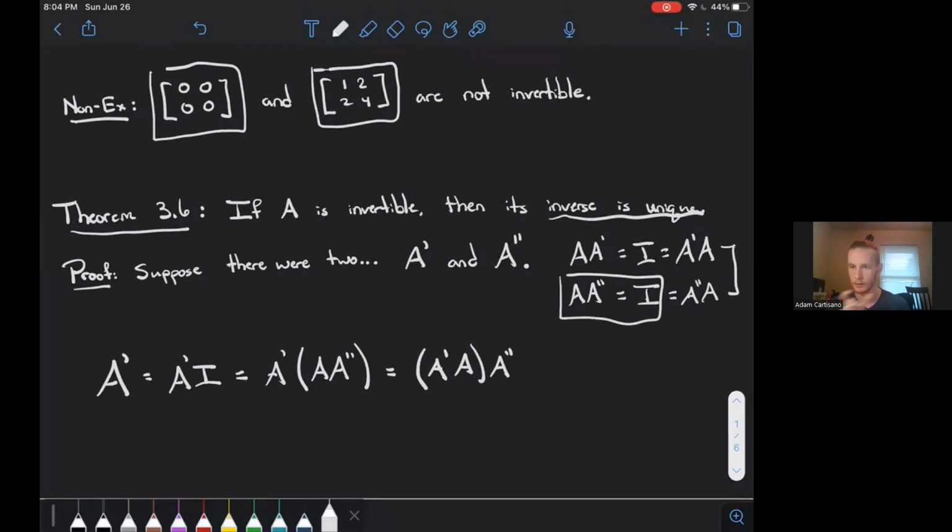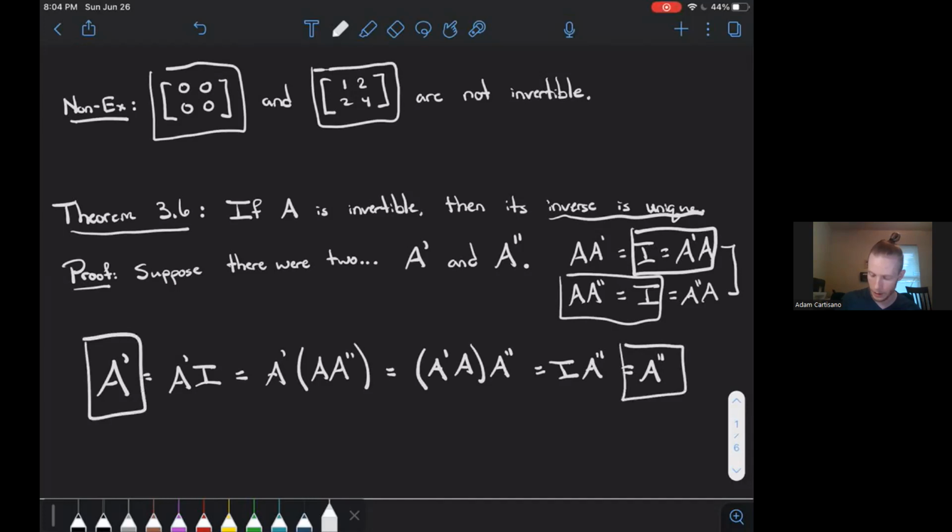That's the associative property. And by the first equation, notice this is just the identity times A double prime, which is just A double prime. At no point did I need the commutative property of matrix multiplication. All I did was the associative property, and I leveraged twice the fact that A prime and A double prime are inverses. But notice, that means A prime is equal to A double prime. And so we're done.